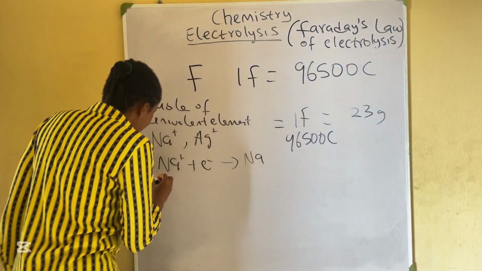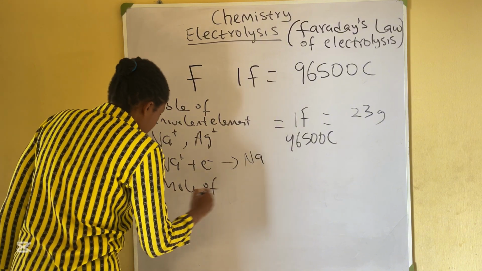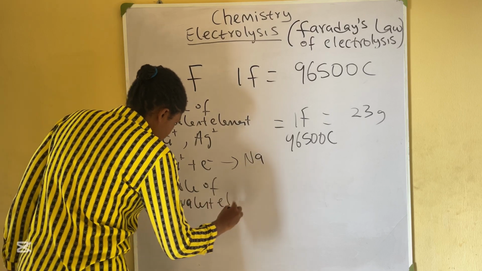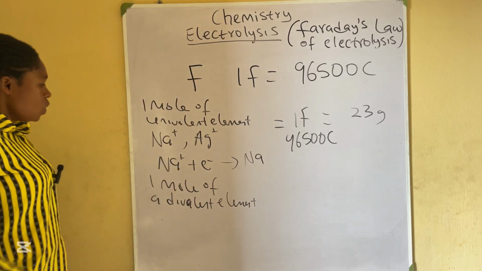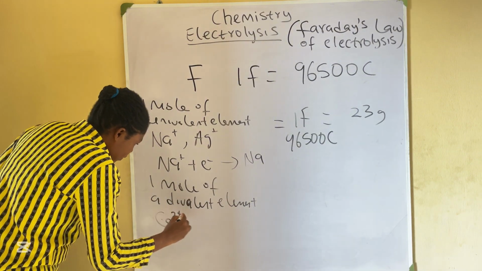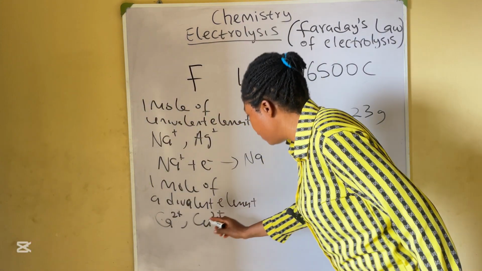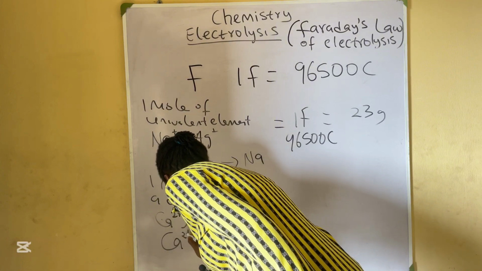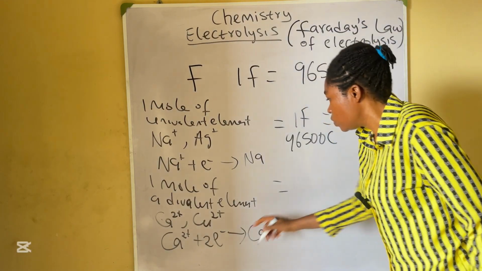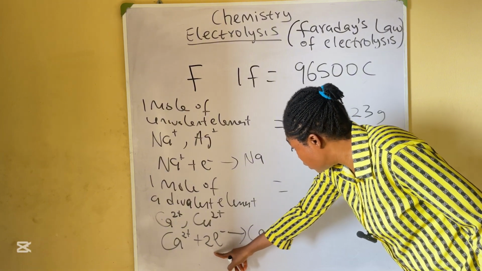For 1 mole of a divalent element, examples of divalent elements include calcium ion, copper 2 ion, etc. So for 1 mole of a divalent element, it's equivalent to 2 moles of electron, and this 2 moles of electron is equal to 2 Faraday.